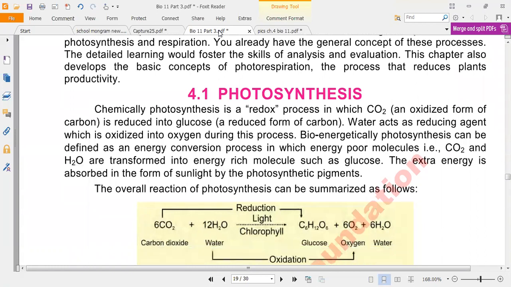Photosynthesis has a very vital role in living organisms, because that is specific for plants, and plants are the major source of energy production in living organisms.